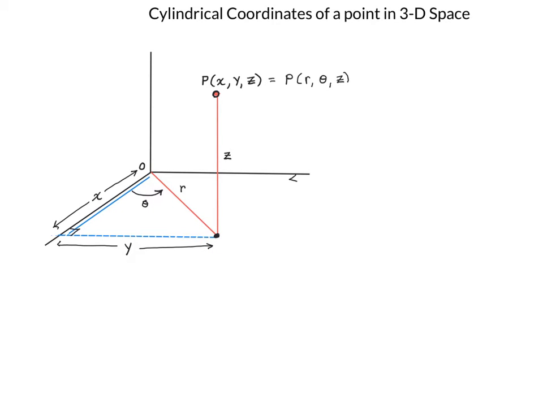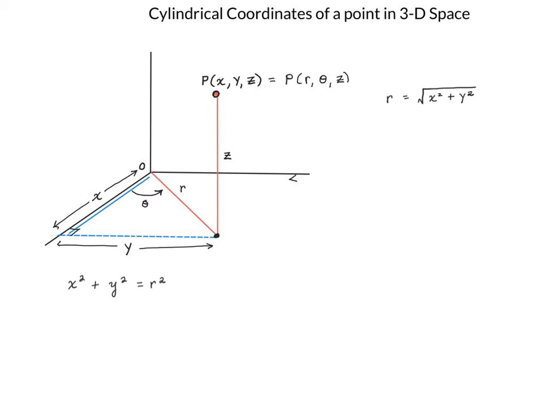So we know that x squared, this is the Pythagorean theorem, plus y squared is the hypotenuse squared, or r squared. And from this, I know that r is equal to the square root of x squared plus y squared.